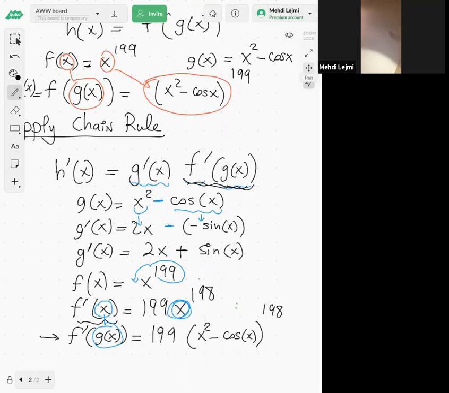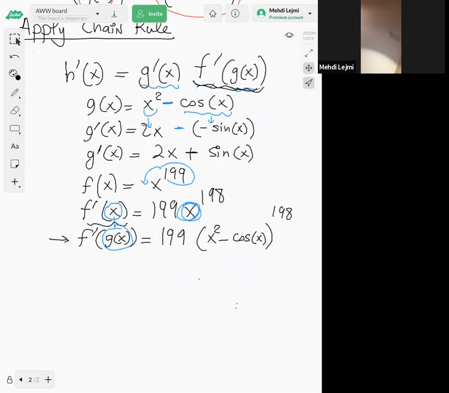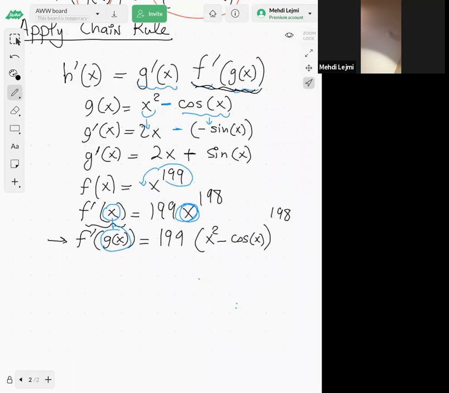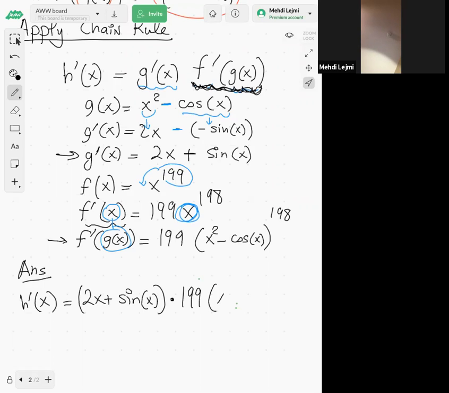So then h prime, okay, so now we'll find the answer. h prime of x will be g prime. So here's my g prime, it's 2x plus sine of x, times f prime of g of x, so it's times 199 x squared minus cosine of x to the power 198.